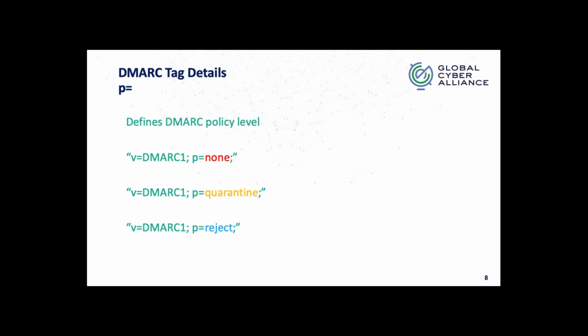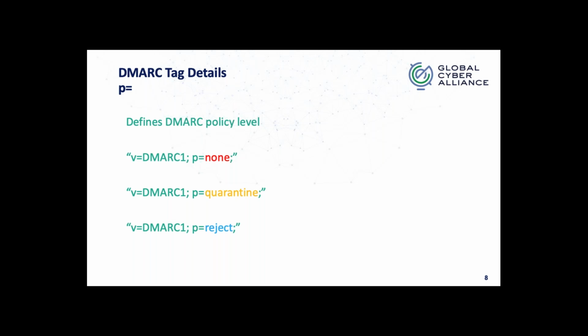Now you notice again, the tags are separated by a semicolon. So V equals DMARC 1, semicolon, P equals, and then the policy level. The other thing is that the P tag has to be the second tag in your policy. So V is first, P equals is second. And after that semicolon, you can put whatever tags you need.